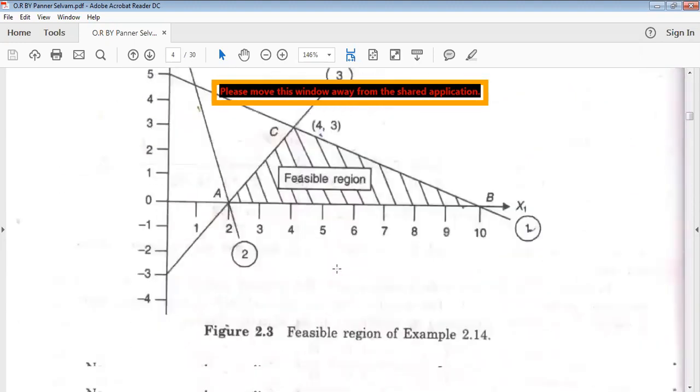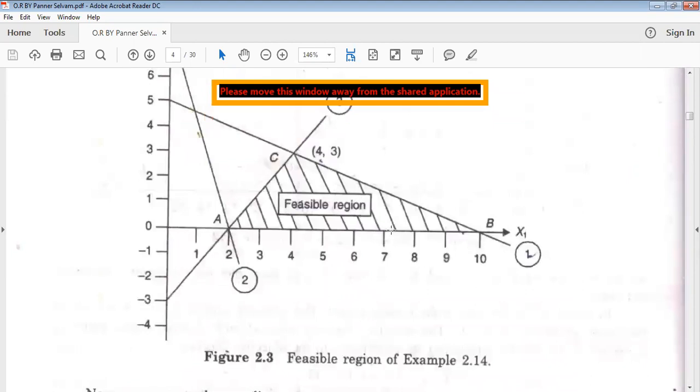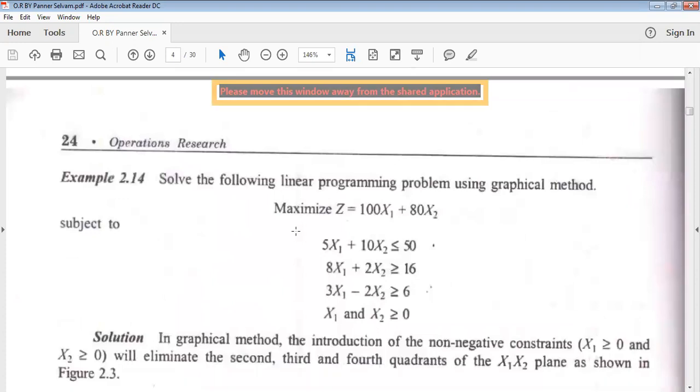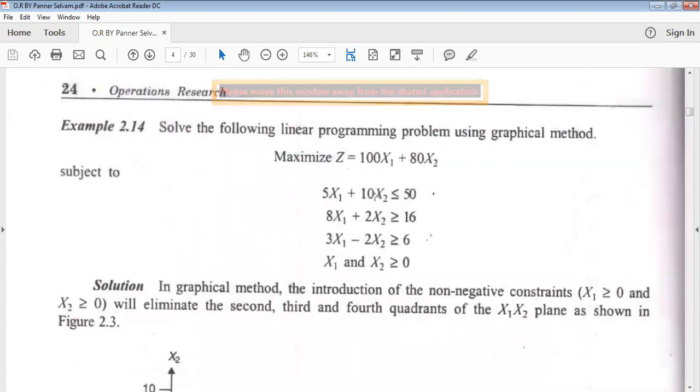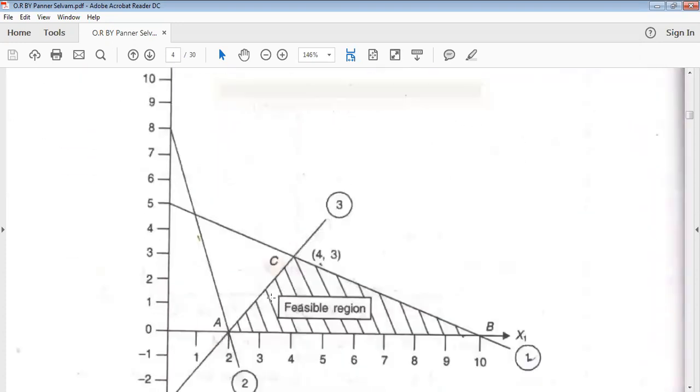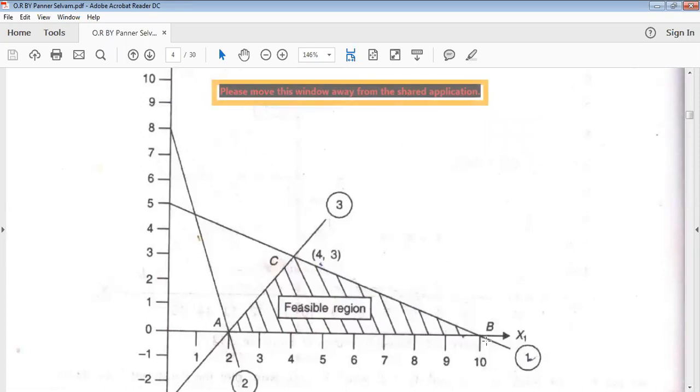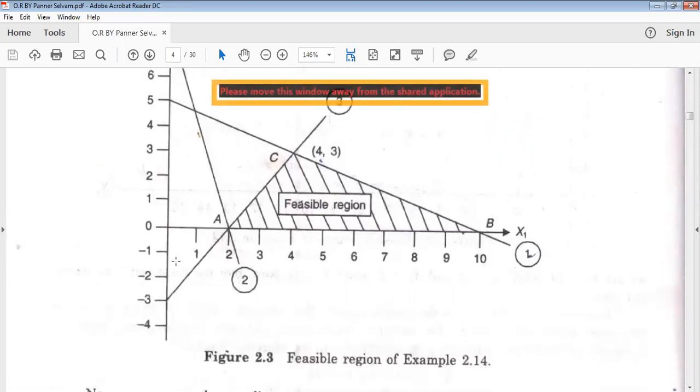So x1 is equal to 10 is marked here. And similarly, if x1 is equal to 0, x2 is equal to 5, and automatically 5 is marked here. So if you draw the line, this corresponds to the first equation, this corresponds to the second equation, and this corresponds to the third equation.